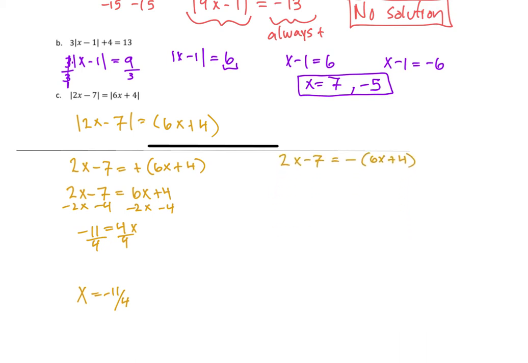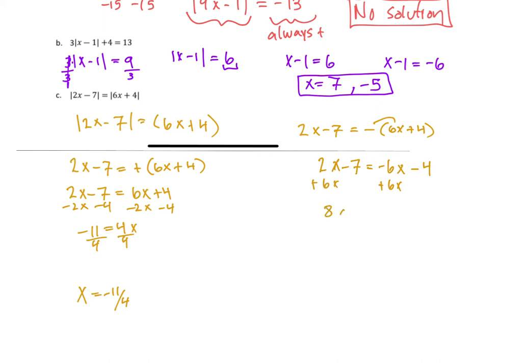Okay, and then also on the second one, very important. If I ever have a negative outside the parentheses, make sure you distribute the whole negative through. So I'm going to go negative times 6x is negative 6x, and negative times positive 4 is negative 4. Okay, I'm going to add the 6x over.